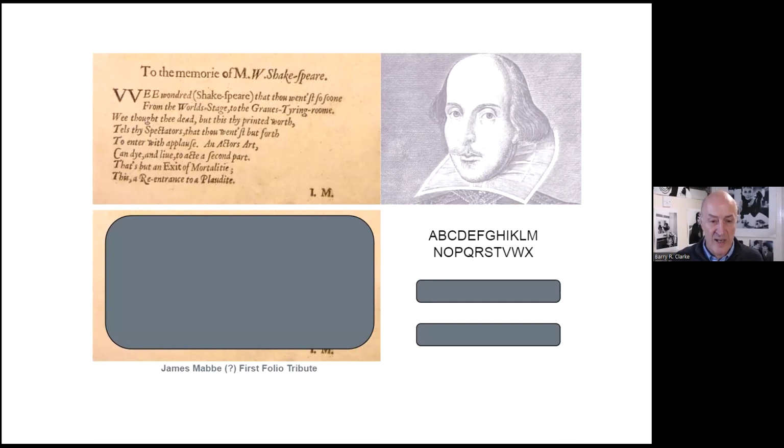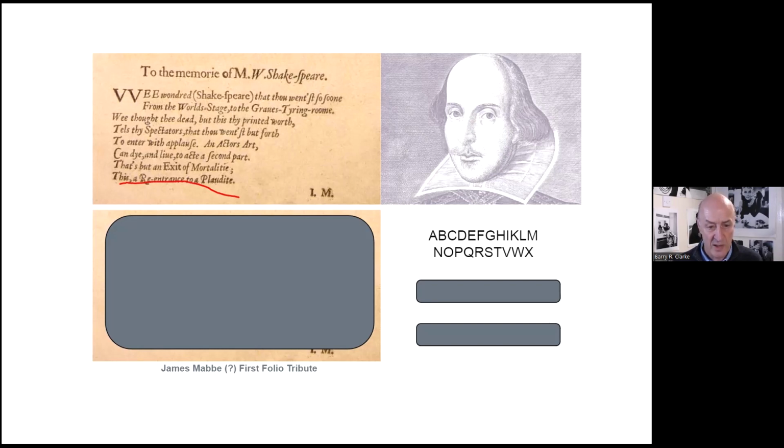Here I'm going to show how Bacon's name appears, and the method is actually the same as that used for the sonnets. The last line says, "this is a re-entrance to applaud it," which echoes Augustus Caesar, who, when on his deathbed, asked his friends to give him applaudit as he made his exit from the world.